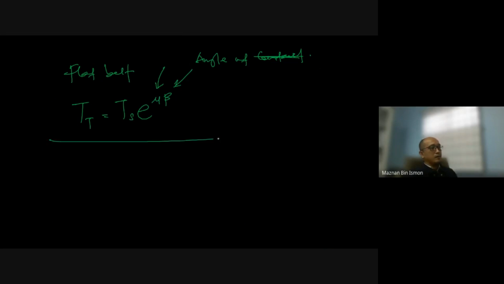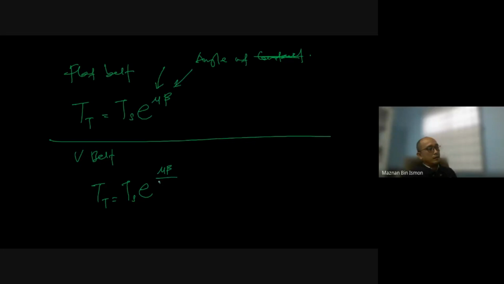Whereas for the V belt, you have to use e to the power of mu theta over sin alpha divided by 2, where alpha is actually this one, the groove angle of the belt. Some books say it is alpha, and some books say it is beta. But you have to be alert that this is actually the groove angle.